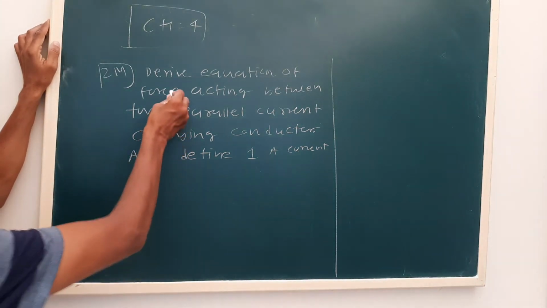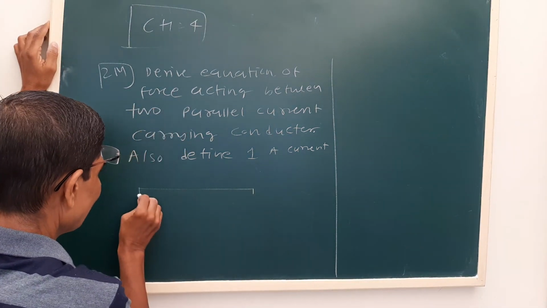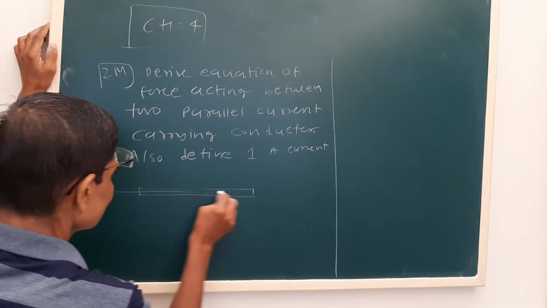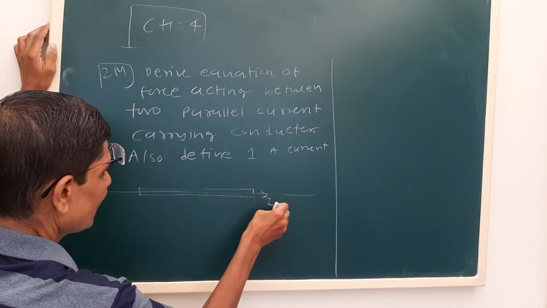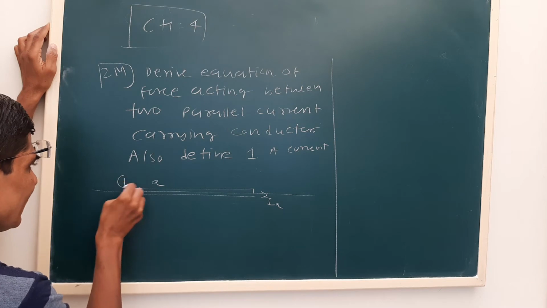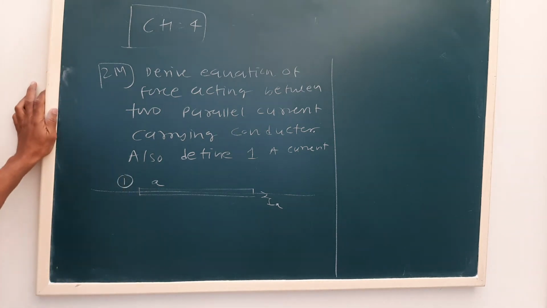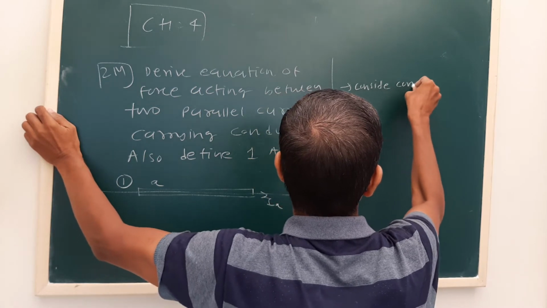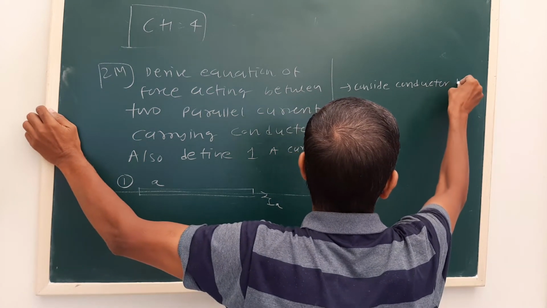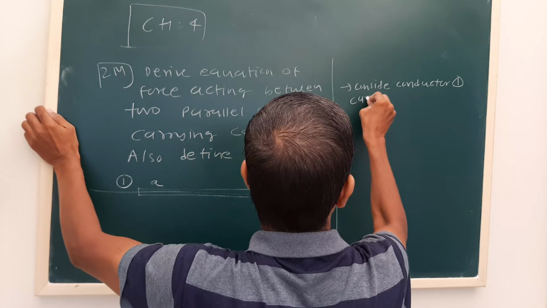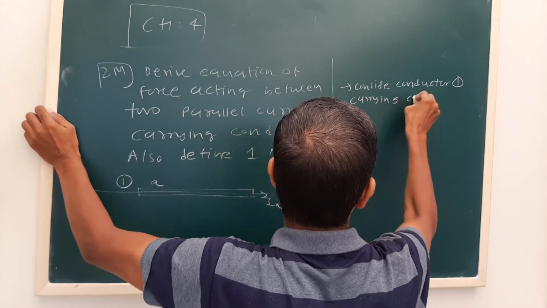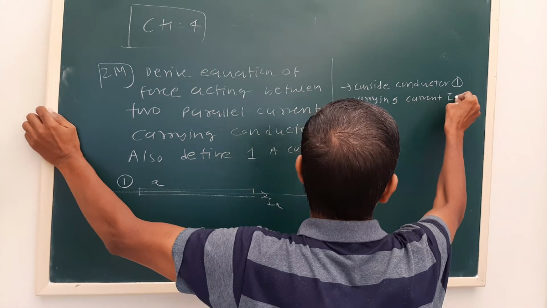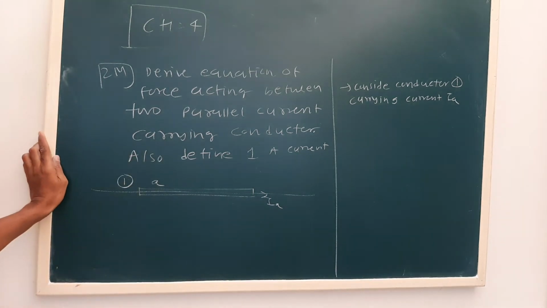Now this is an infinitely long conductor carrying current IA.